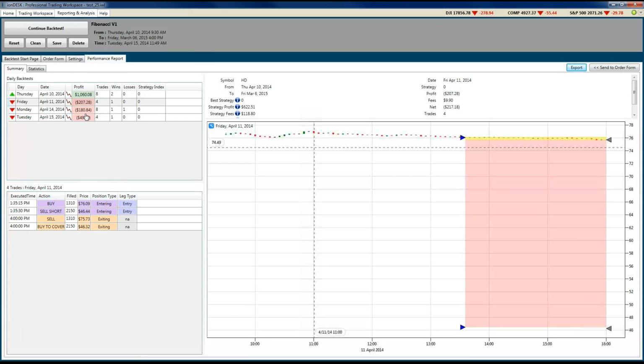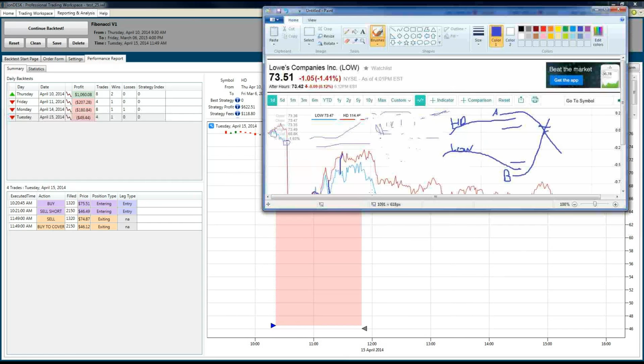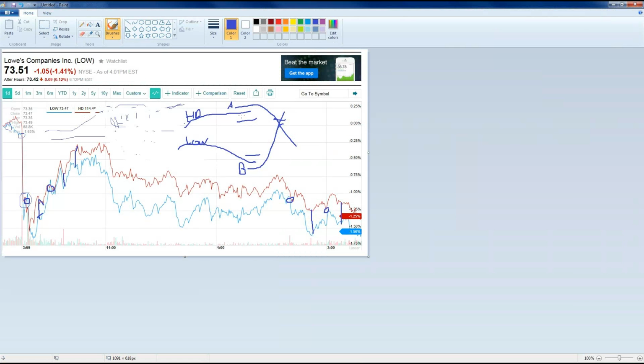And so these other 3 days, here's another same scenario. It found a convergence, and then it found a divergence, and it never found any more convergences to enter into the trade. But I think everyone kind of gets the concept of, we have a stock that we believe is always going to outperform.